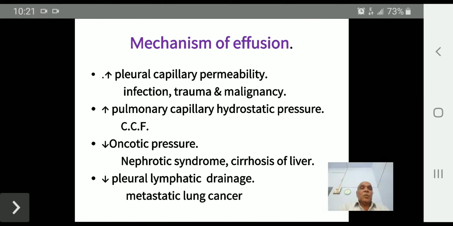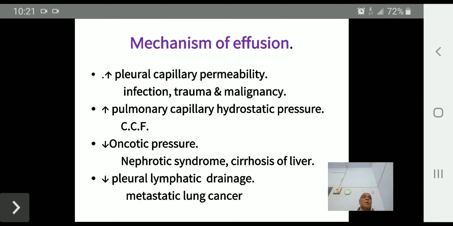Regarding the mechanism of fluid formation, first is increased capillary permeability of the pleura. In the case of infection, trauma, and malignancy, capillary permeability increases, so fluid formation is more.